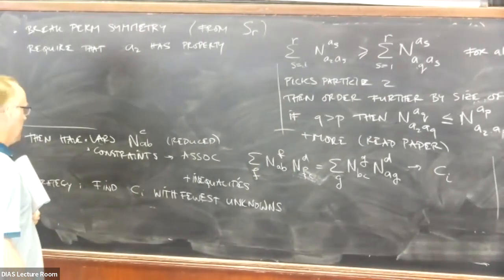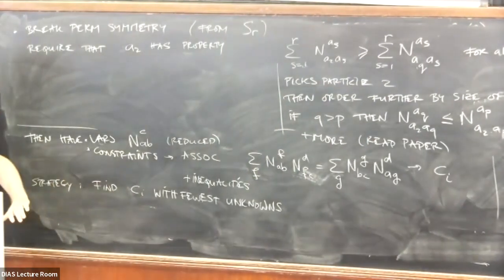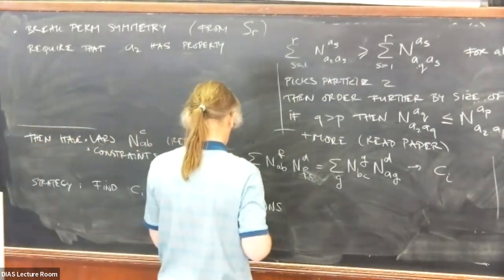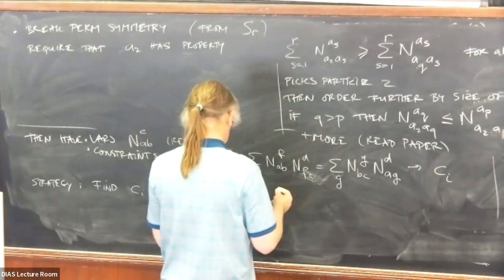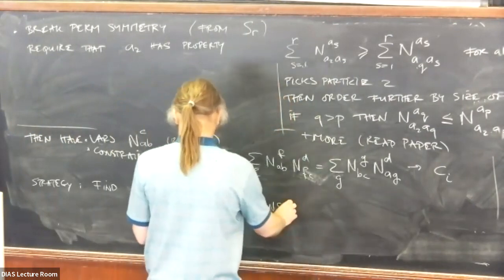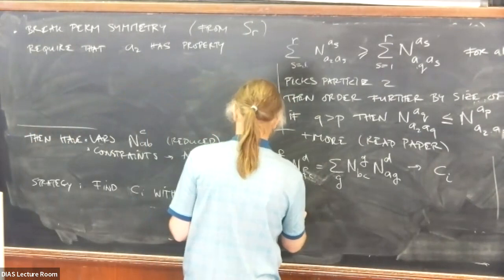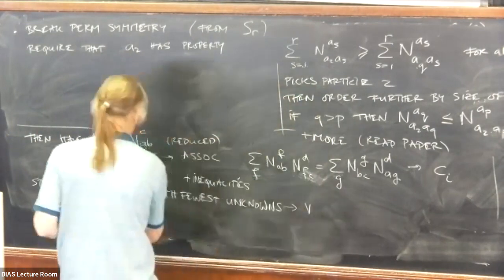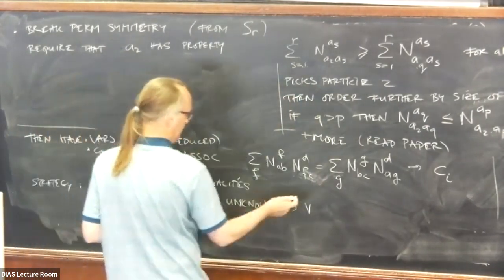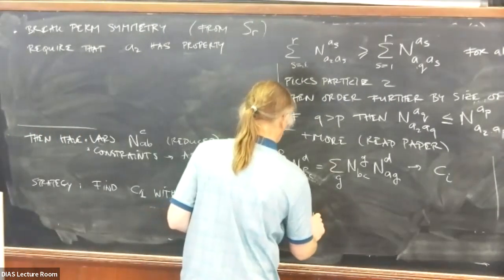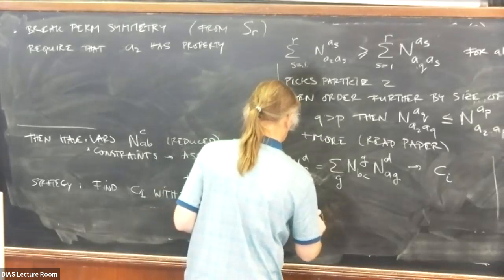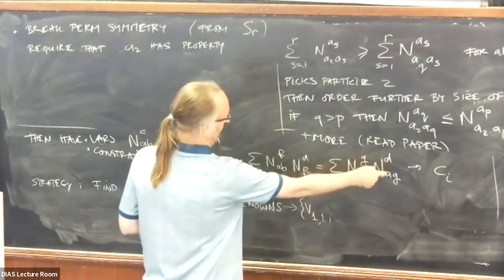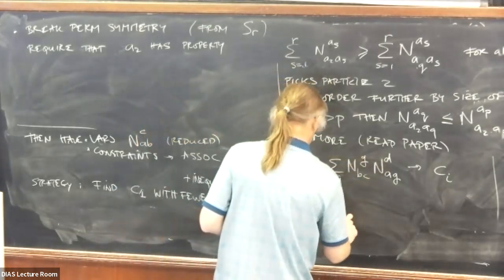Yeah. Okay, so we find the constraint with fewest unknowns and we fill that in. Well, first of all, we fill in the unknowns, and the unknowns we might write as V. So let's call this one C1 here. That's the first one, fewest unknowns, and these are the unknown variables. These are of course the Ns, but we just label them if we want to.